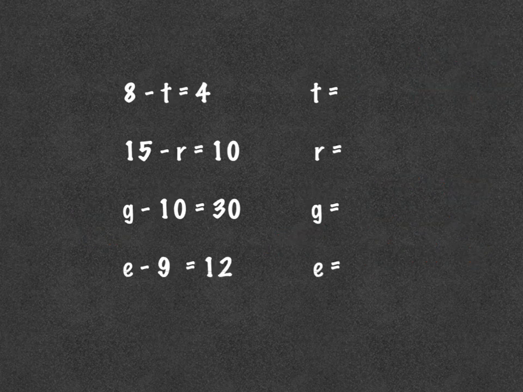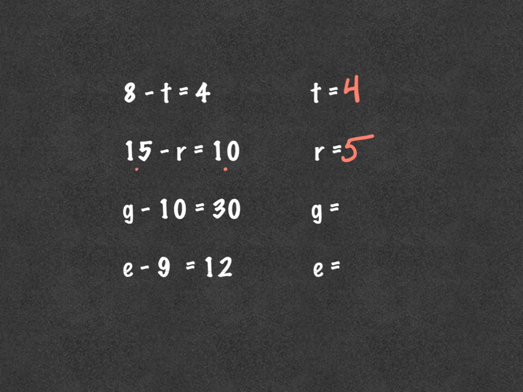Okay, let's try a couple more. So 8 minus T would equal 4. So what could we subtract from 8 to get 4? So T is going to equal 4. 15 minus R equals 10. What will we subtract from 15 to get 10? So 10 is 5 less than 15. So R is going to be 5.